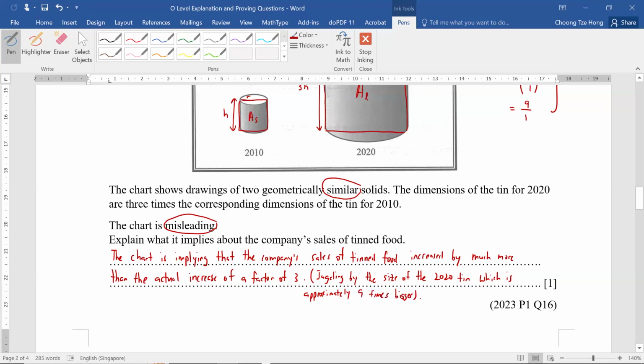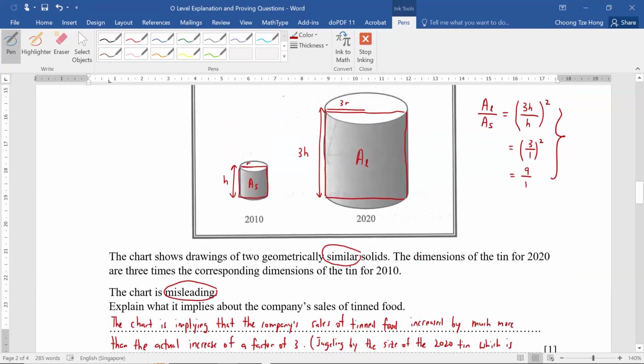All right. So this is the approach to this kind of question. You need to identify, or rather pick out, the point that this is talking about similar solids and how this area of the similar solids can make the chart misleading. All right.